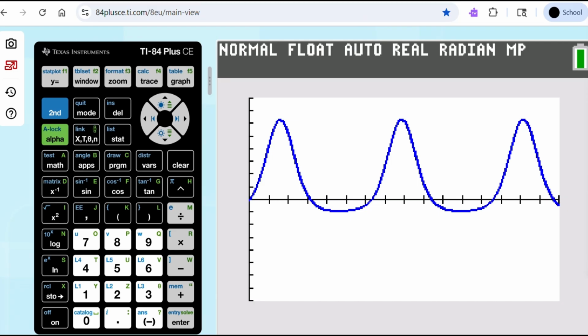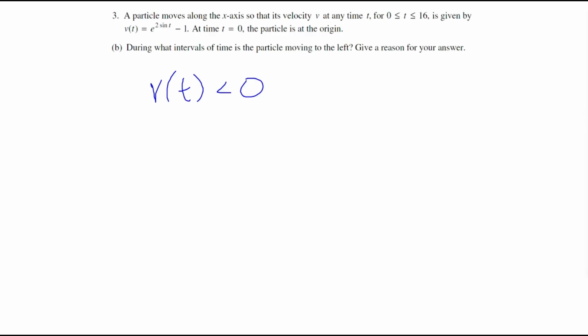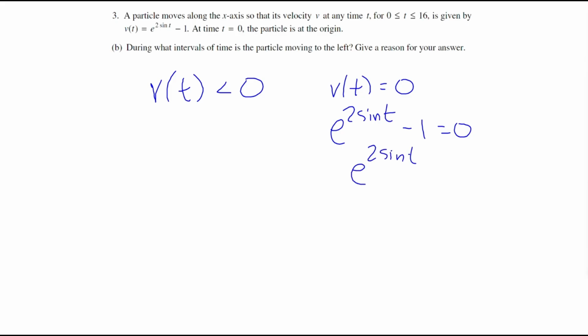We could spend a bunch of time on our calculator trying to solve that, but I think we're better off doing it by hand, figuring out when v of t is equal to 0, because it's a lot of effort to punch it all into your calculator. So e to the 2 sine t minus 1 equals 0 when e to the 2 sine t equals 1. If you take the natural log of both sides, you just get sine t equals 0.